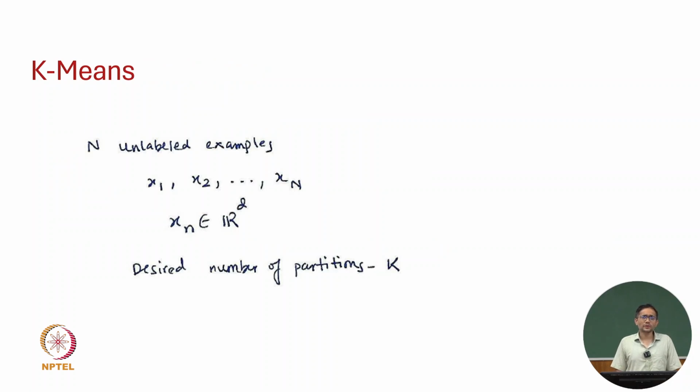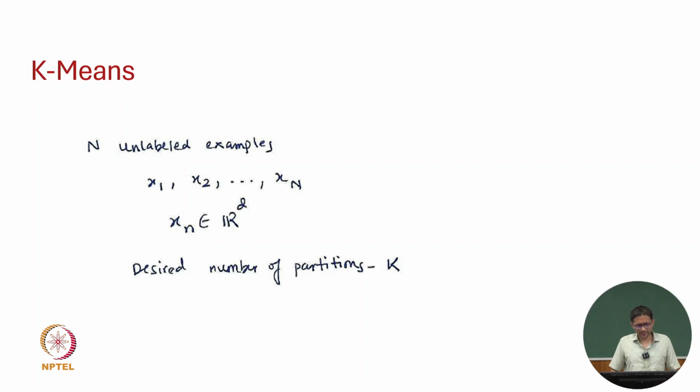So let us see a bit more mathematically. Given, let's say, n unlabeled examples, which we can say are x1, x2, up to xn, each of them belonging to R^d, what we want to get is a k-partition or grouping of this data, right?